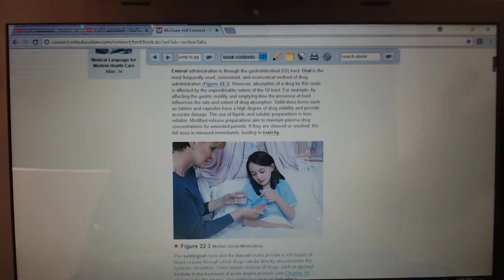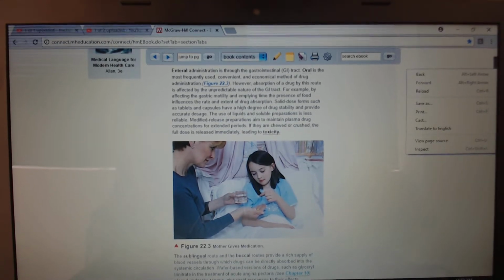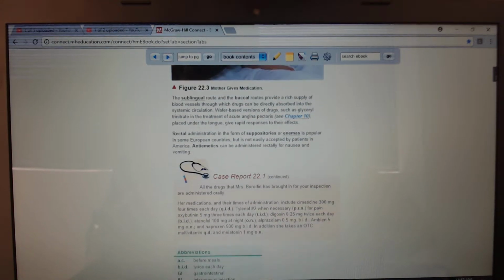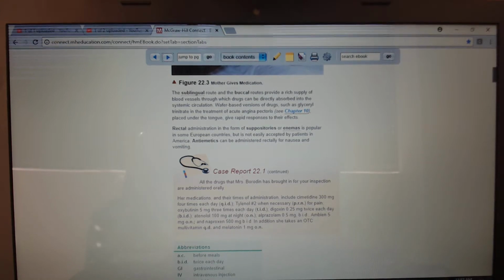We can also use sublingual routes. Sublingual means below the tongue. Linguo means tongue. Buccal, bucco means cheek.